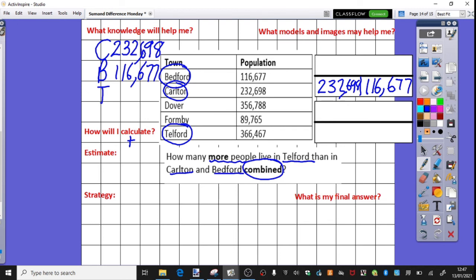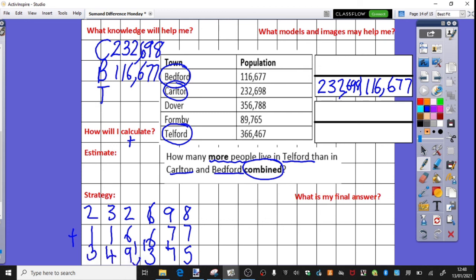So we've got 232,698 added to 116,677. 7 add 8 is 15, carry 1. 9 add 7 is 16, add 1 more is 17. 6 and 6 is 12, add 1 more is 13. 2 add 6 is 8, add 1 more is 9. 4, and 3.